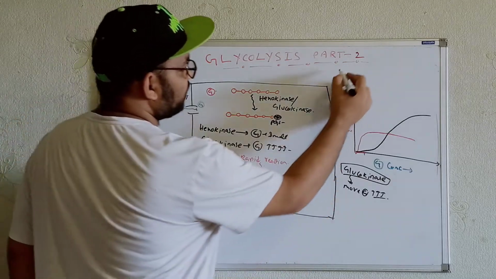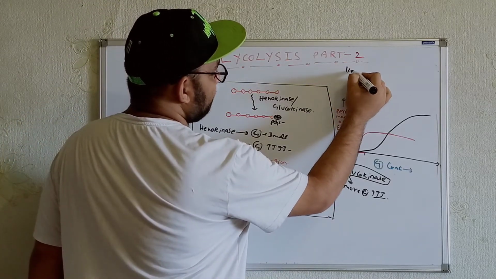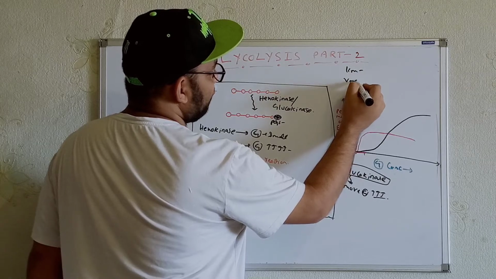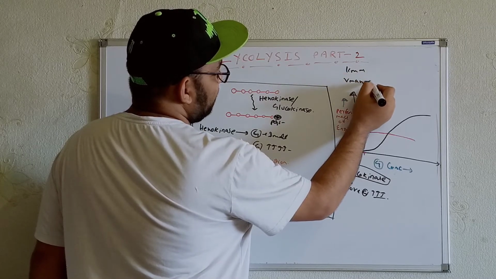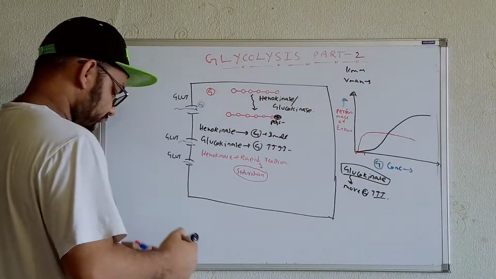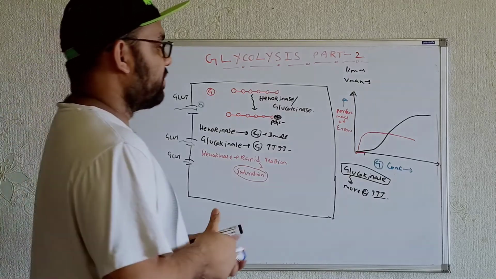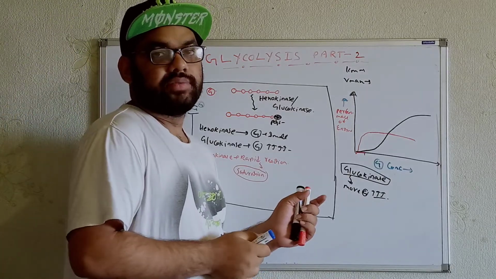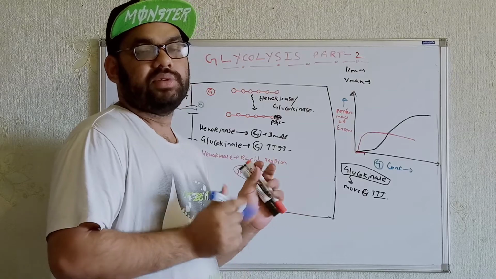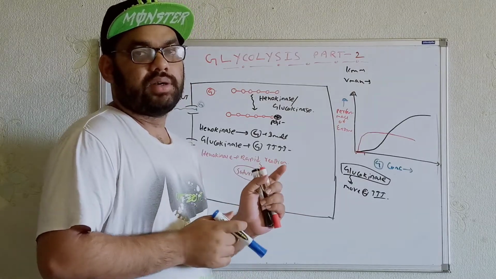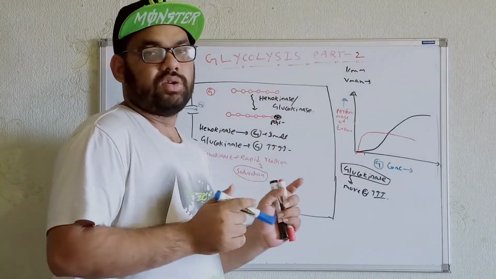The first thing we'll talk about over here is the Km and the Vmax. Km means the concentration of the substrate at which half of the enzyme will be saturated.